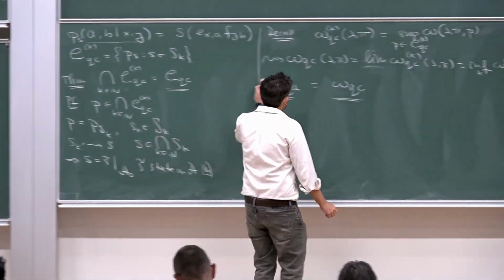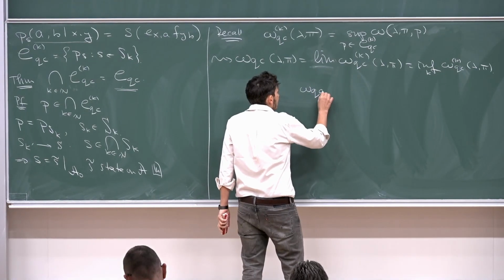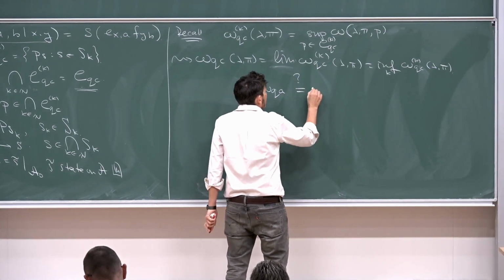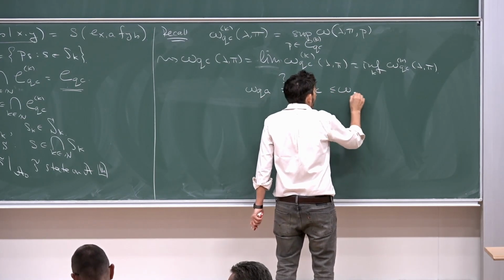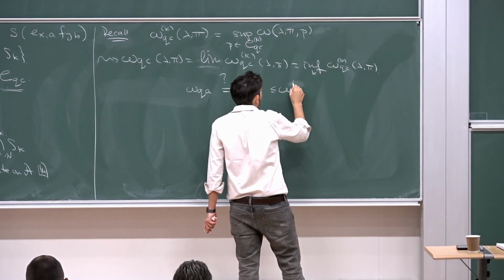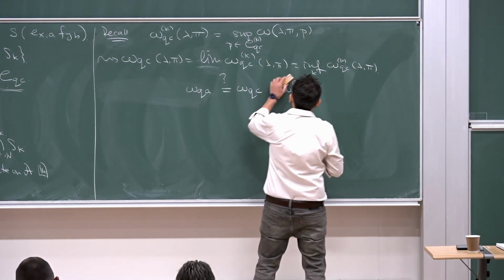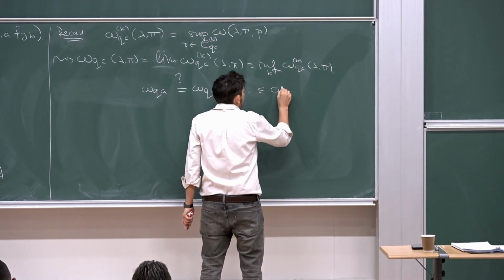So let me write it here in the middle because I want to extend it. So this is the question here. And here you have this one, so I need to write it the other way around, right? So they are decreasing.